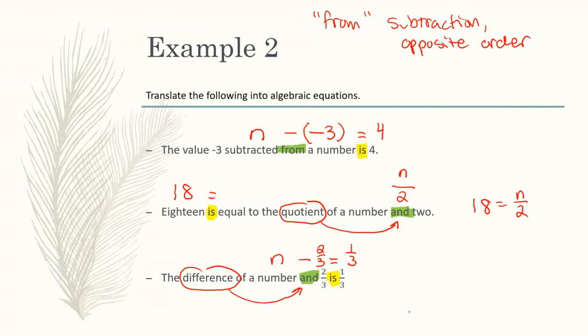Are these prepositions? Are they conjunctions? I think from is a preposition, but I'm not really sure. Just think of it as like and when we're translating.